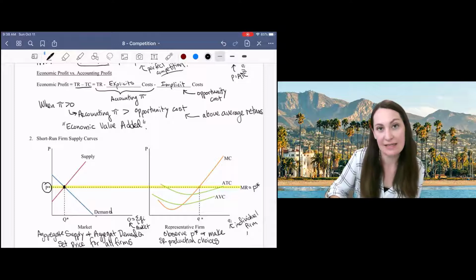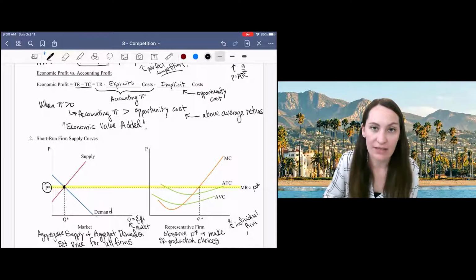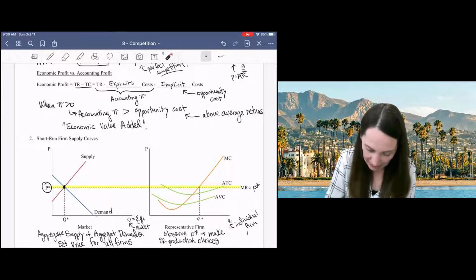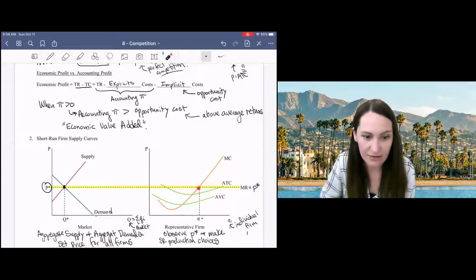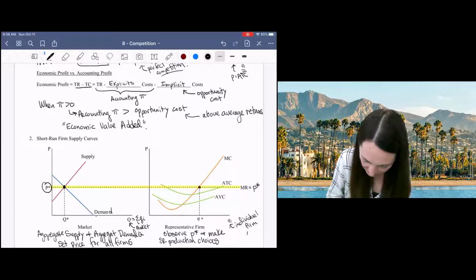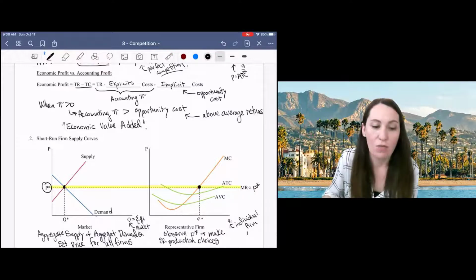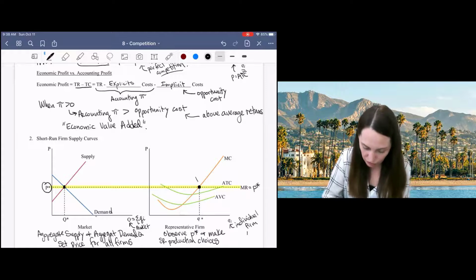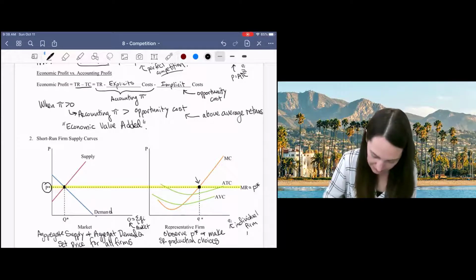And this is analogous to that graph that we saw in the first video, right? Will produce as long as your price, your revenue for each additional unit, is higher than your marginal cost. So the profit maximizing point graphically is here, where price is equal to marginal cost.